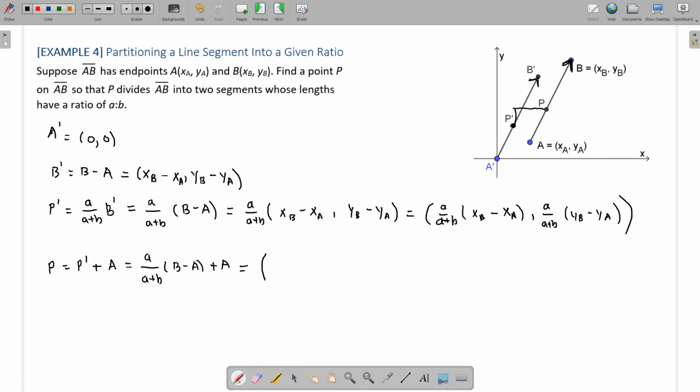So the final formula would be adding a back in, so that's adding x sub a to the x-coordinate, and then for the y, just adding y sub a to that.